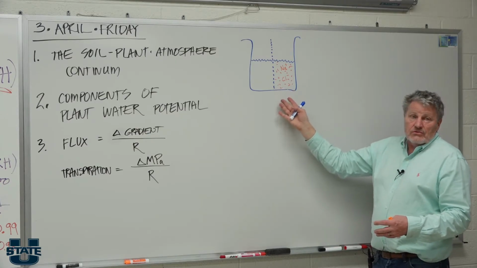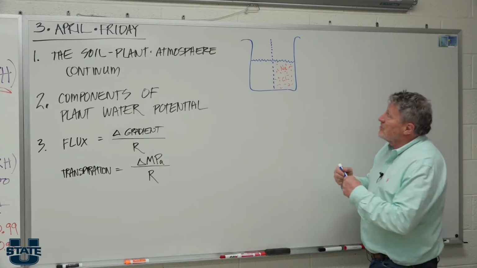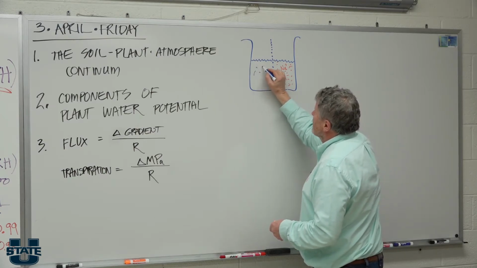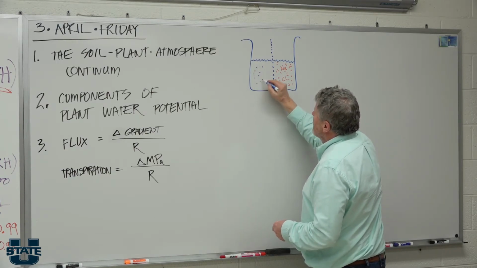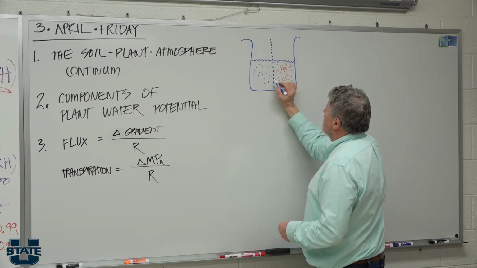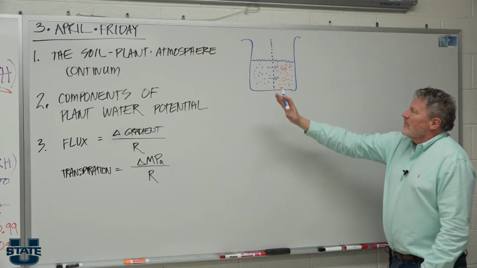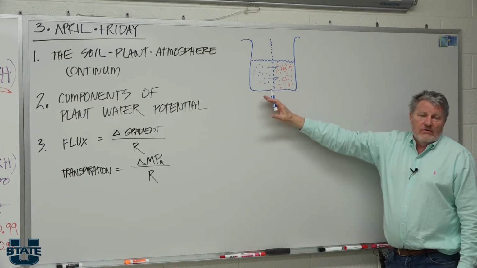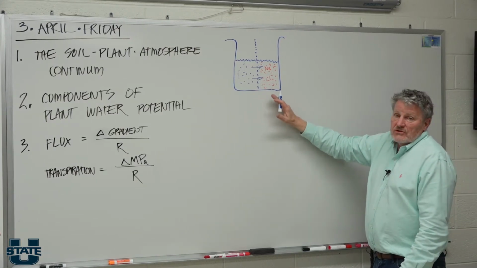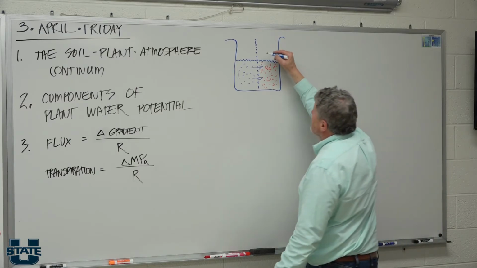So when the molecules get slowed down by binding to the salt, these molecules over here, which aren't slowed down by any salt, move over here. So there's a movement of water from the pure water side to the salt water side, and look what happens.